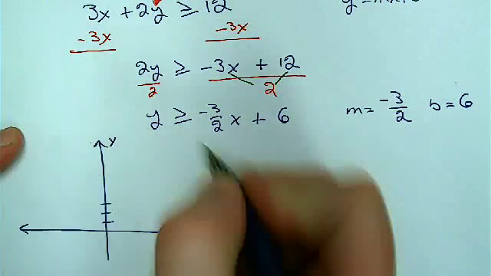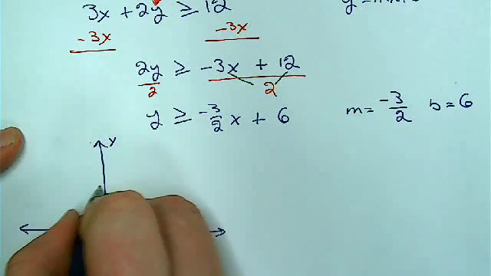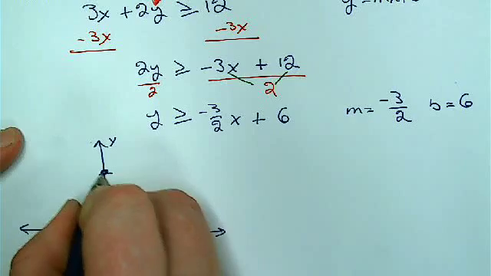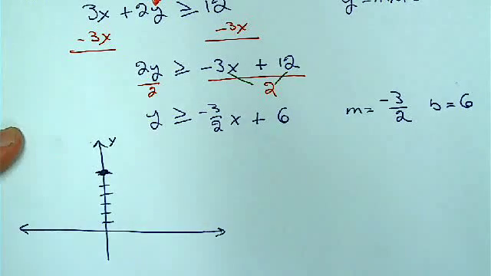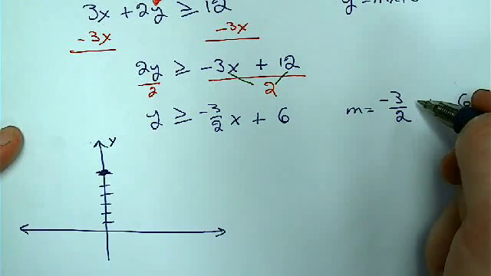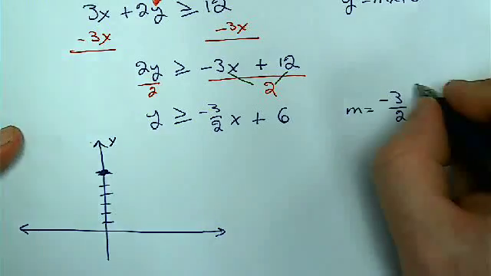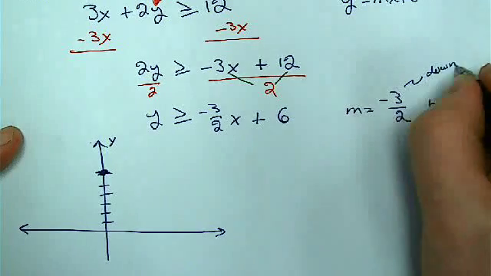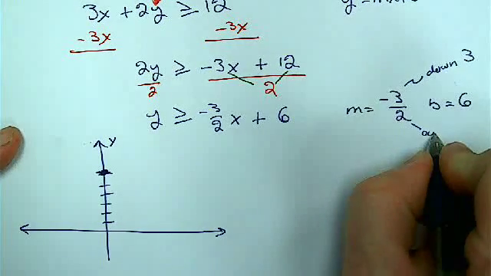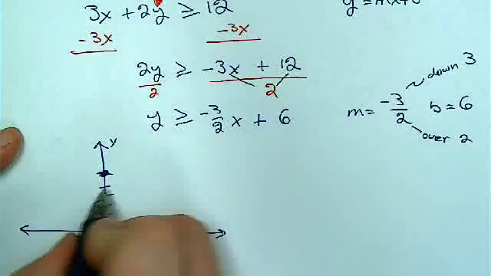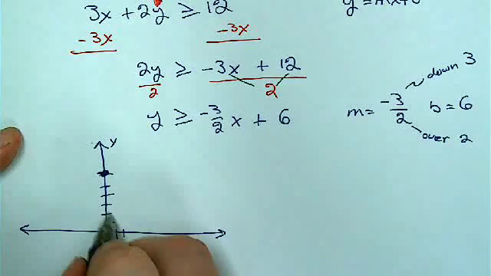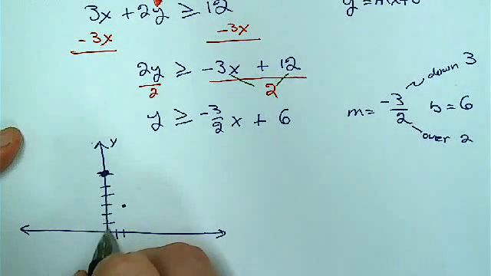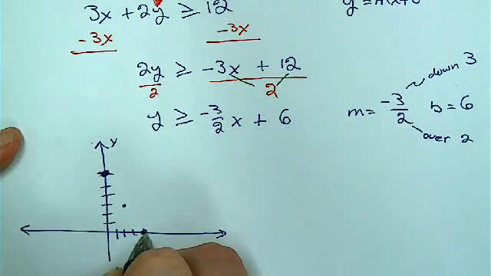So there's my y-axis. 1, 2, 3, 4, 5, 6. And then I follow the slope. Go down 3, and then over 2. So 1, 2, 3, over 2. 1, 2, 3, over 2.